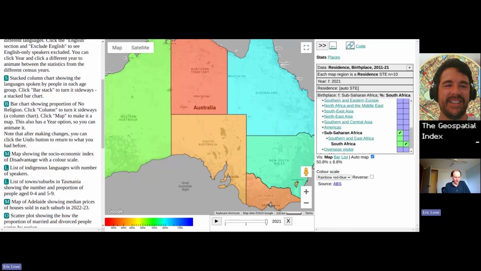Yes, if the ABS had an API that would let me say what things I wanted, then that would have saved me a lot of time, and it would mean that I could make a lot more things available through here. Yeah, it's surprising they don't have an API. Well, they do have an API for some things, but not for getting this.